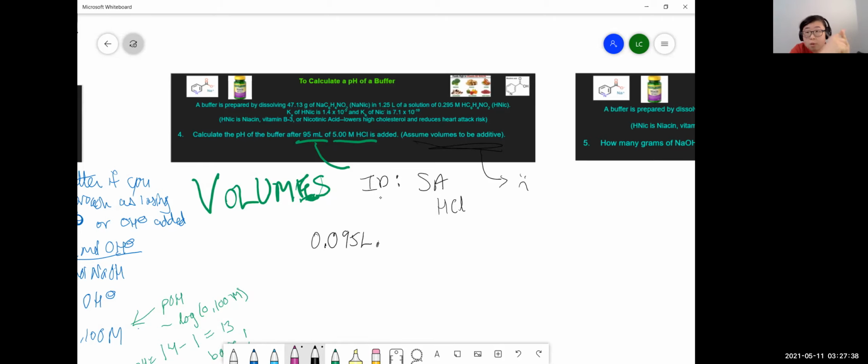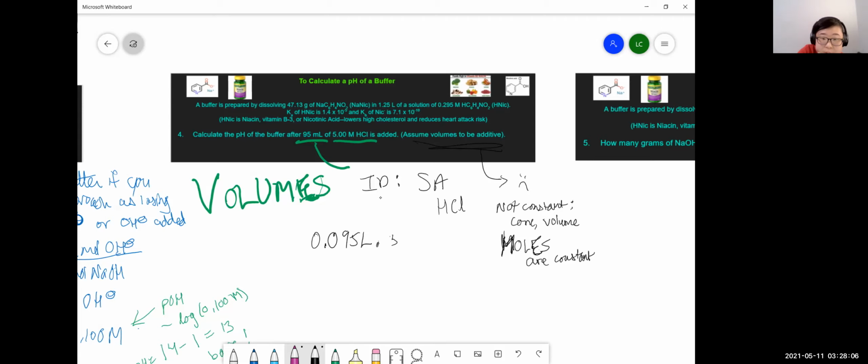When volumes are additive, volumes are not constant and concentration is not constant. But moles are constant, same thing as mass. Because moles are constant, moles really run this problem.